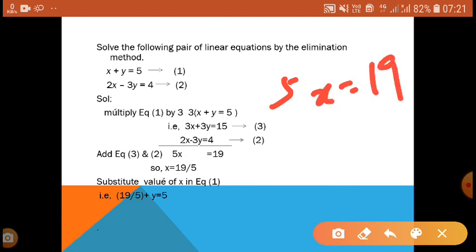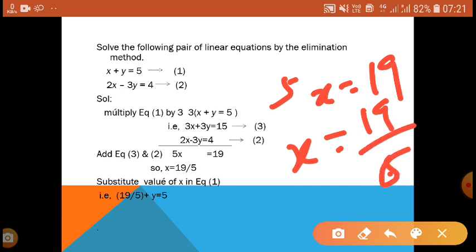Then what about x? x will be 19 by 5. How is it? Because multiplied by 5, when we transpose, it goes to division. So x equal to 19 by 5. Now this x equal to 19 by 5 should be substituted in any one of the original equations.